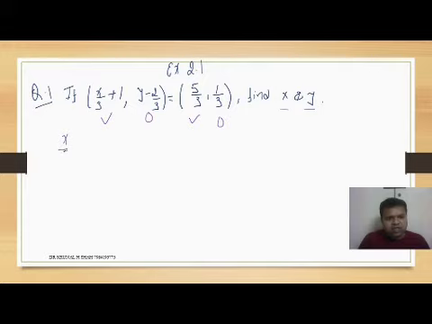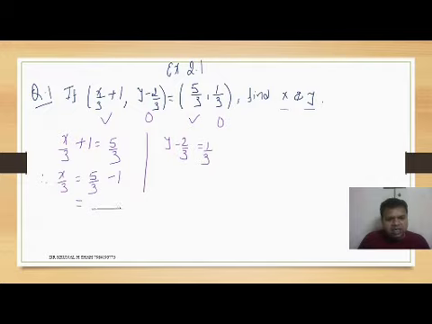So x/3 + 1 = 5/3 and y - 2/3 = 1/3. सो यहाँ पे क्या मिला? x/3 = 5/3 - 1. ले ले LCM ले ले. This will be here in a cross multiplication.